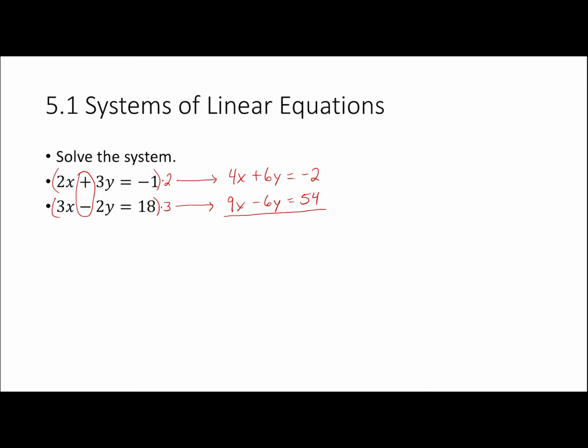So 4x plus 9x is going to be 13x. 6y minus 6y is going to cancel, and negative 2 plus 54 is 52. And so now we just need to solve for x. And so we'll divide by 13.